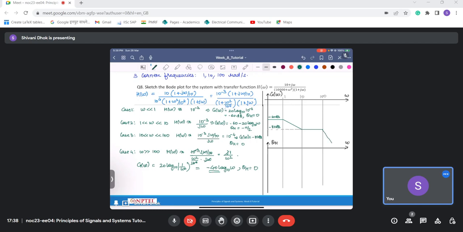So it's a steeper slope, something like this. This decay is of minus 20 dB per decade. This slope is of minus 40 dB per decade, and actually it will look something like this.